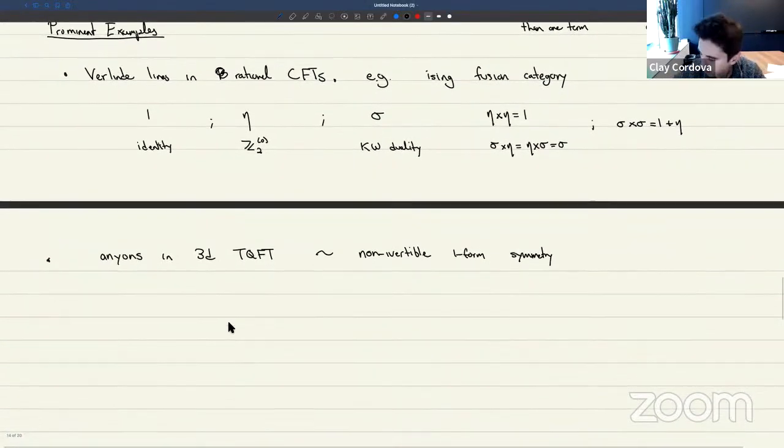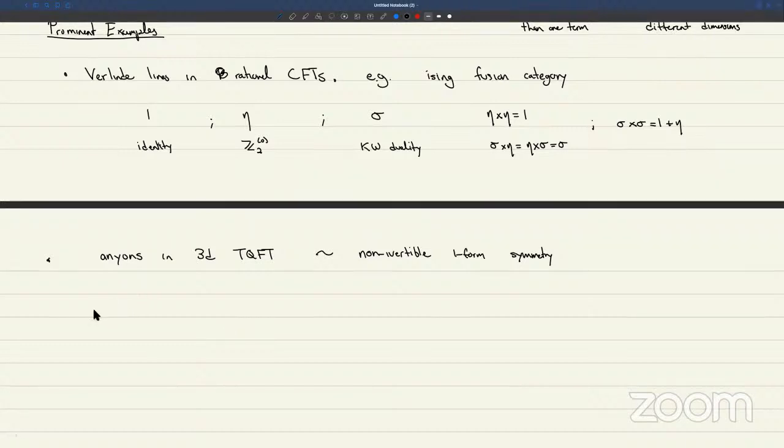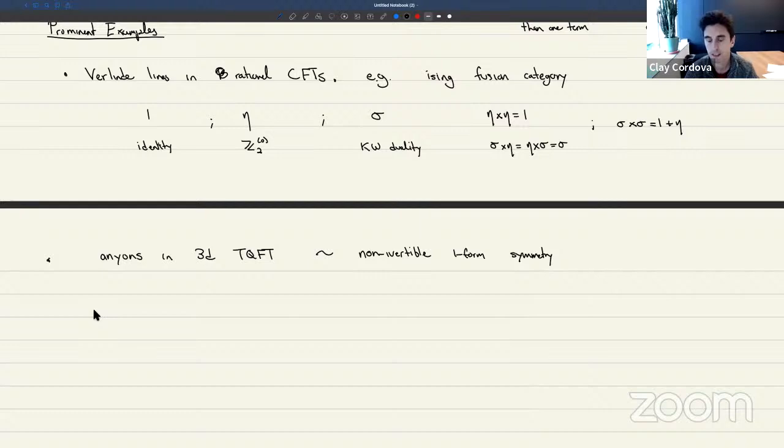I have a quick clarifying question. You suppressed the M^{D-Q-1} in this discussion. In the case of the Verlinde lines, I think there's only one choice for that. It's a circle, right? Yes. In higher dimensional things, of course, there are many more choices.